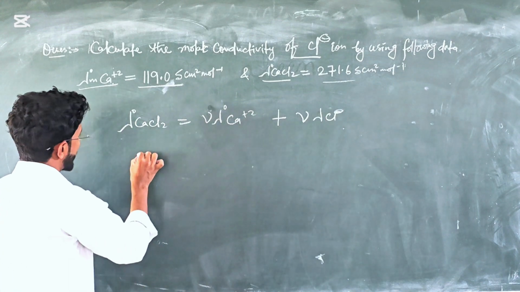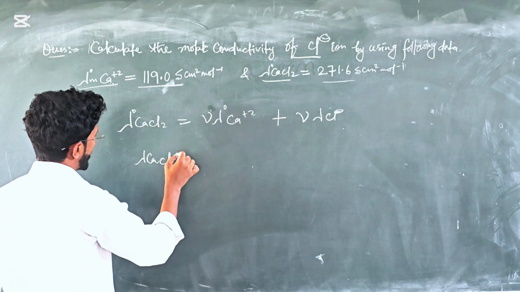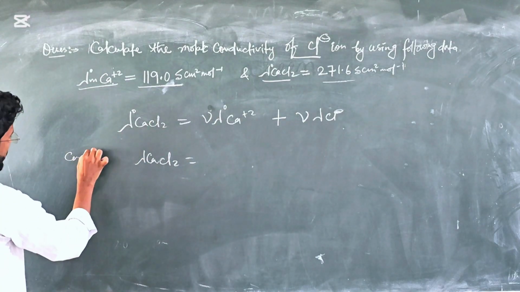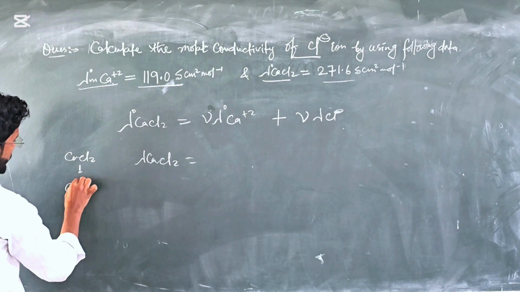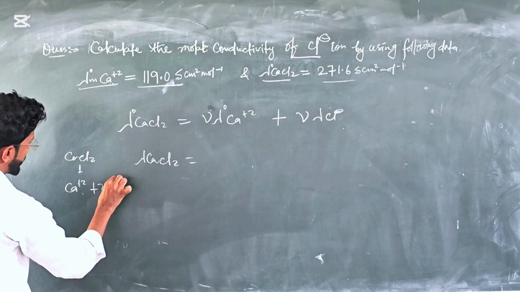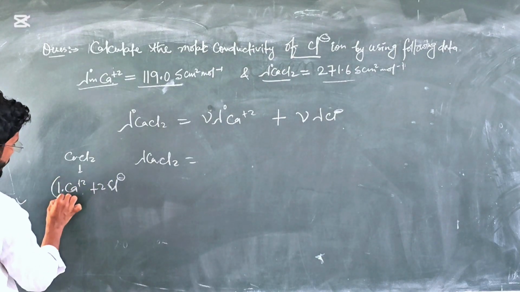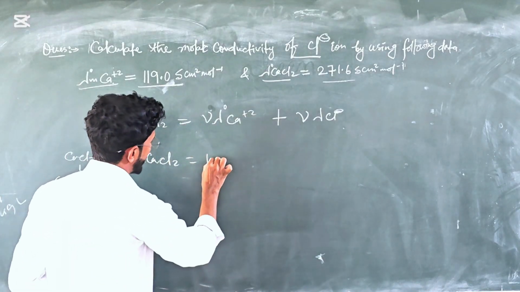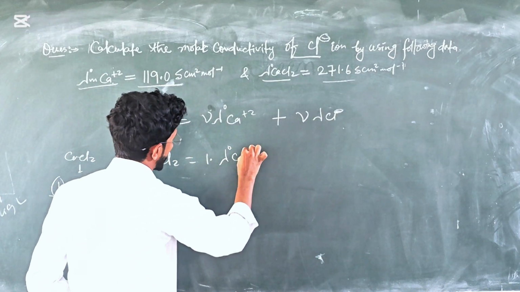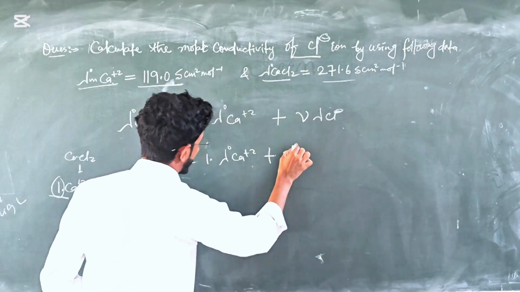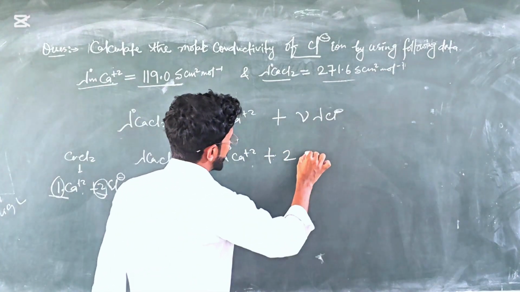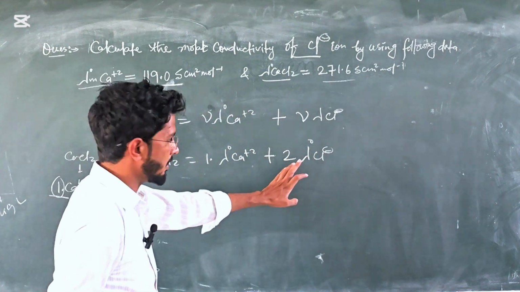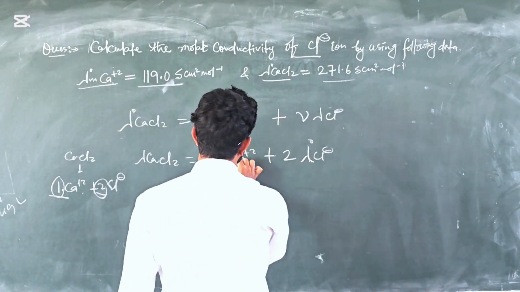CaCl2 breaks into Ca²⁺ plus 2Cl⁻. So from here we can write 1 into lambda naught Ca²⁺ plus 2 into lambda naught Cl⁻. Now from here we have to find the lambda m, the molar conductivity of Cl⁻.